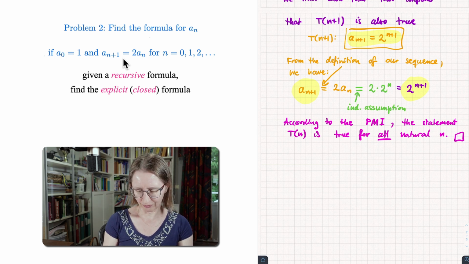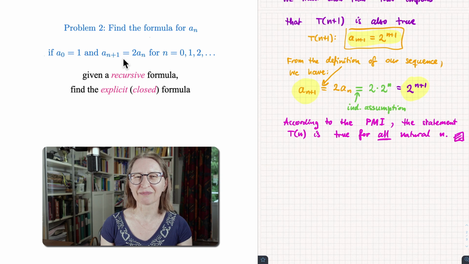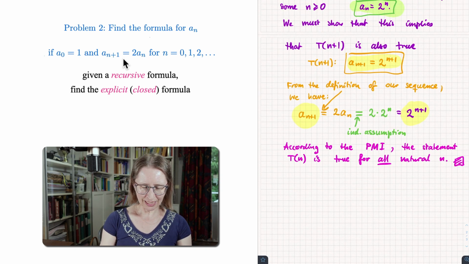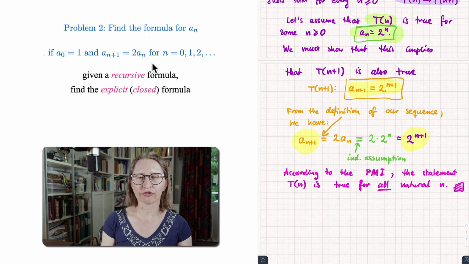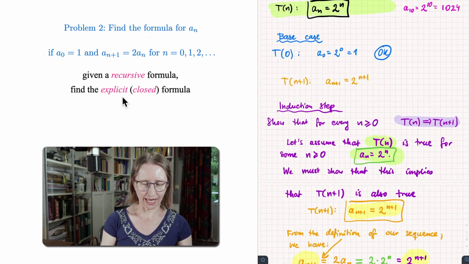And that's all. We are done with this one. So you see, from this recursive formula, we kind of guessed the explicit or closed formula, and then we verified this by induction that it is indeed the true formula, that we didn't do a wrong guess.